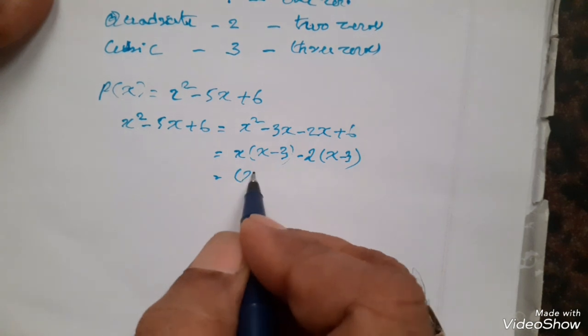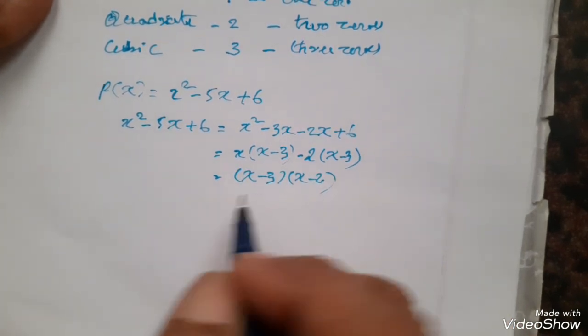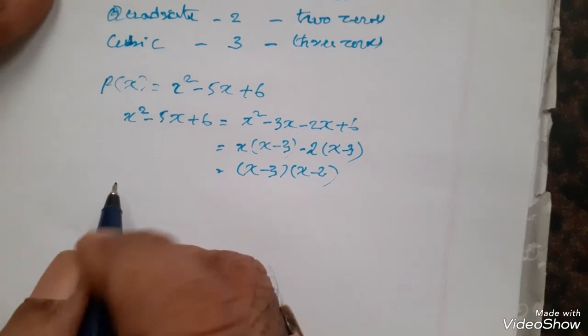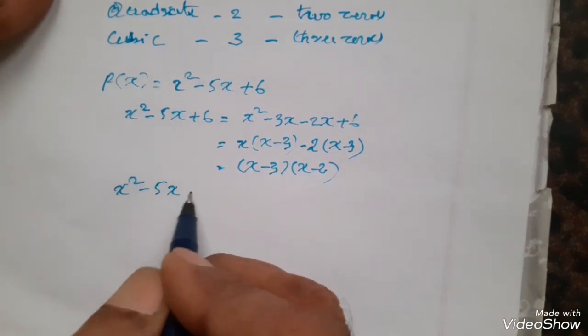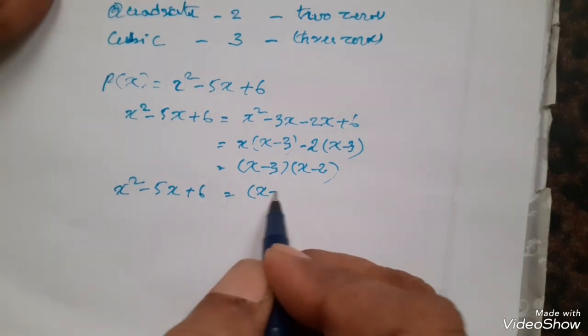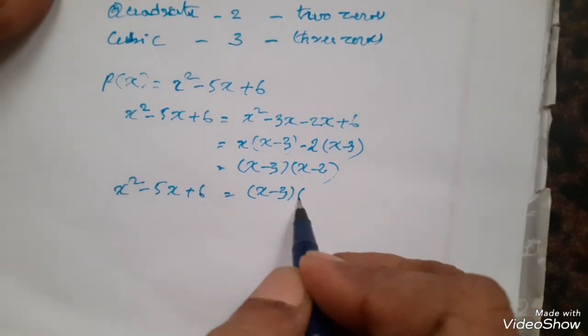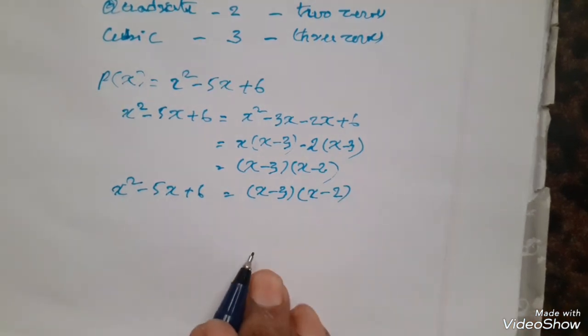Then x minus 3 into x minus 2. So the factors of x squared minus 5x plus 6 are x minus 3 and x minus 2. These two are the factors.